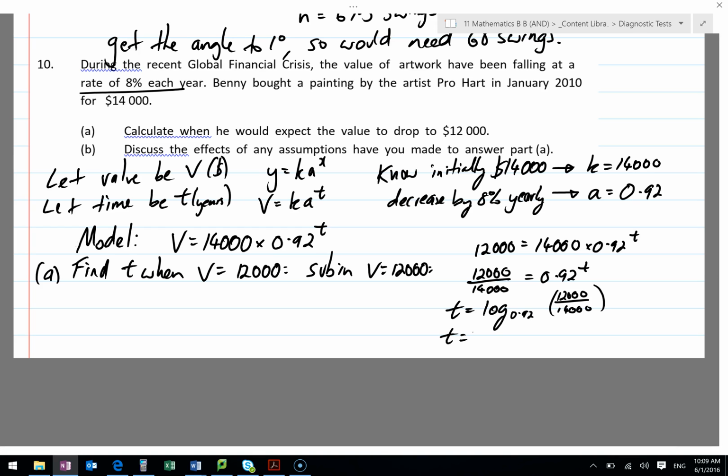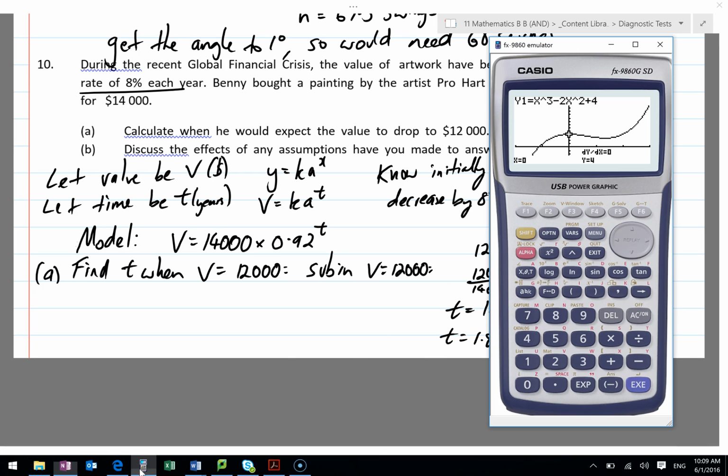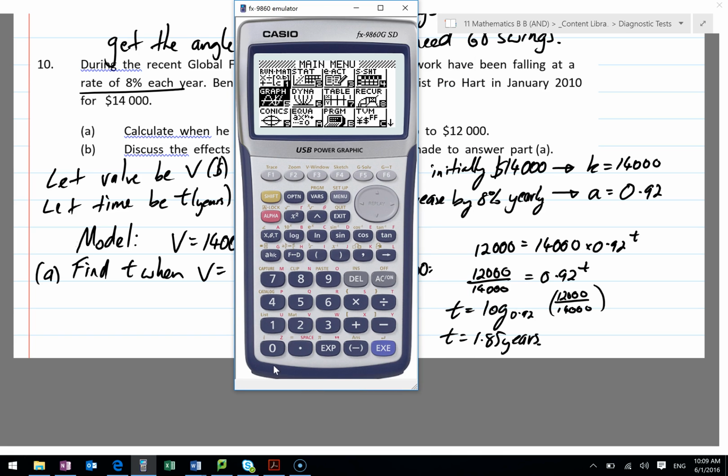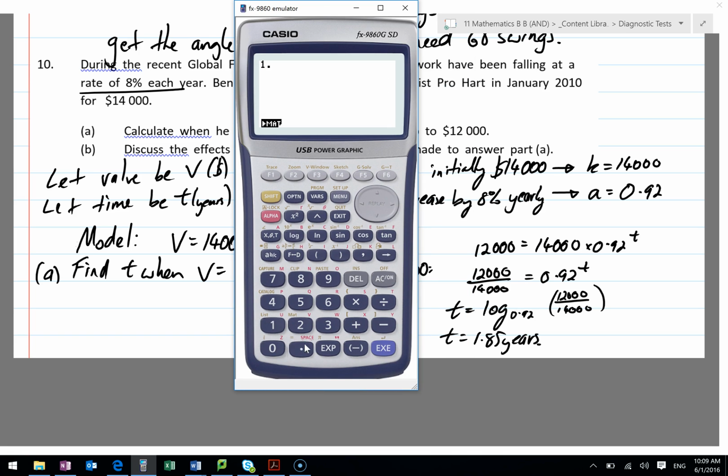Whatever this ends up as, 1.85. So if you get something like 1.85 years and you want to convert it to years, months and days, it's 1 year and 0.85 of another year, so 0.85 times 12 months will get us about 10 months.